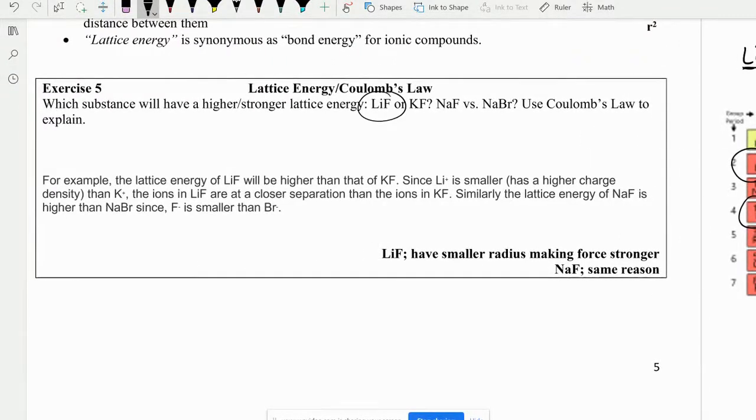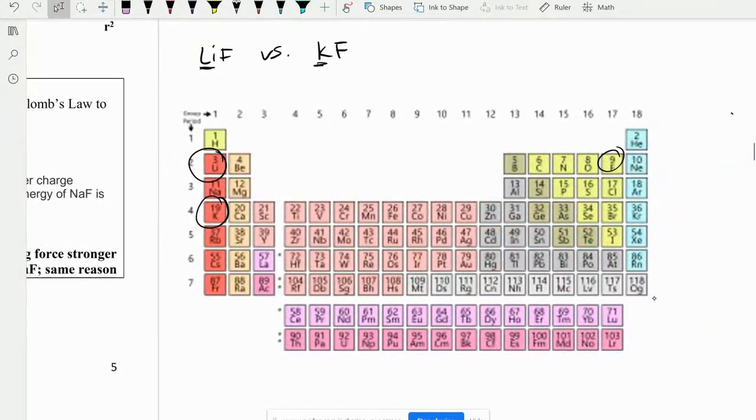Now, what about sodium fluoride and sodium bromide? Let me go ahead and write those here. In this particular case, we have the same metal, but our nonmetals are different. So one was fluorine and the other was bromine.